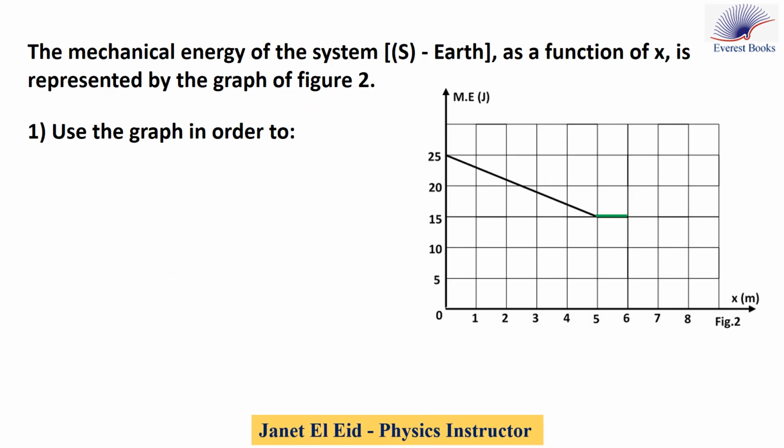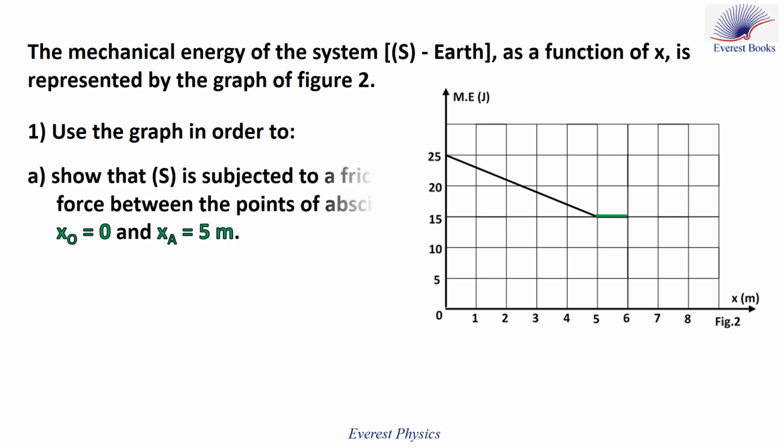The mechanical energy of the system S-Earth as a function of x is represented by the graph of figure 2. Use the graph in order to show that object S is subjected to a friction force between the points of abscissas 0 and 5 meters. Look at the graph.